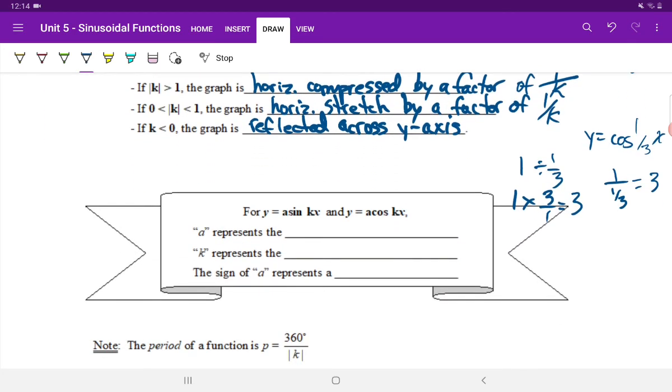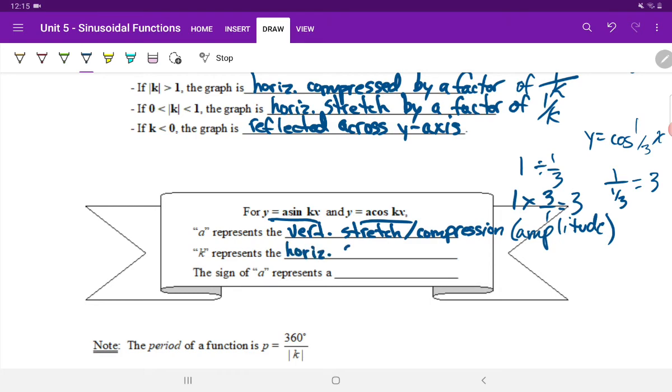Okay, so for the following functions, A represents the vertical stretch or compression. It also represents the amplitude, and it affects your y values, whereas k represents the horizontal stretch or compression, and it actually changes your period.